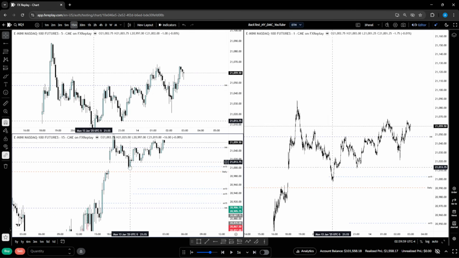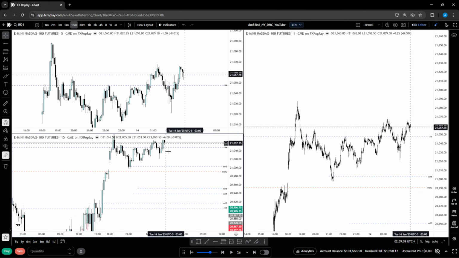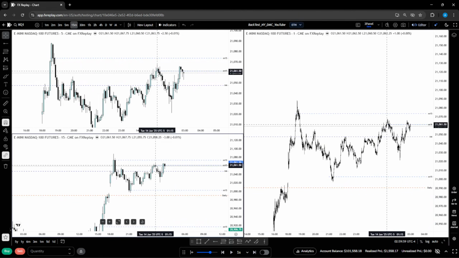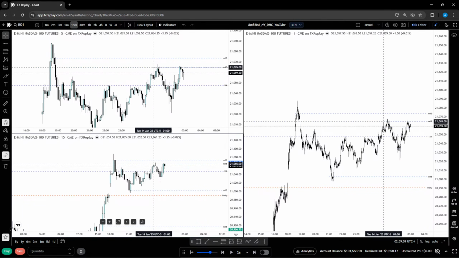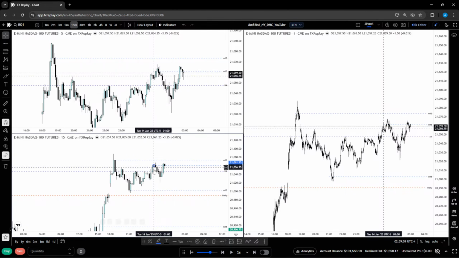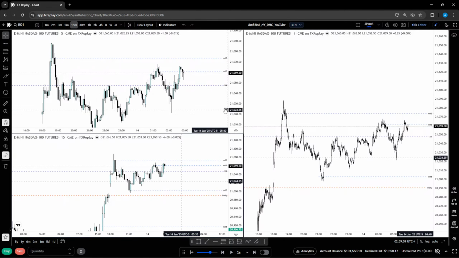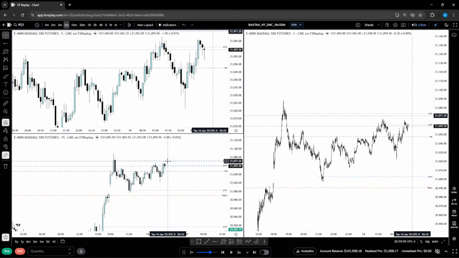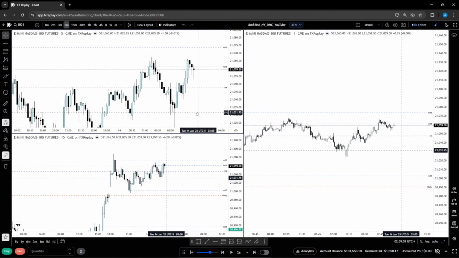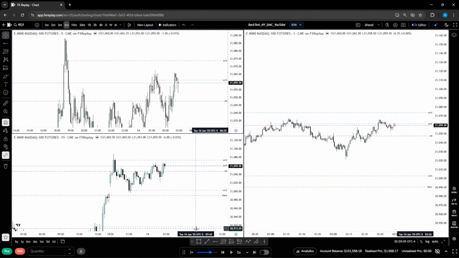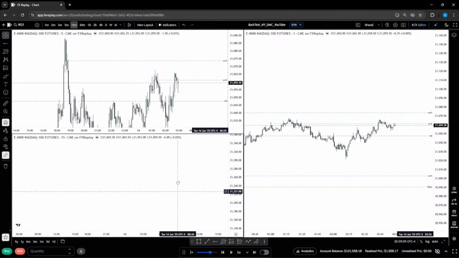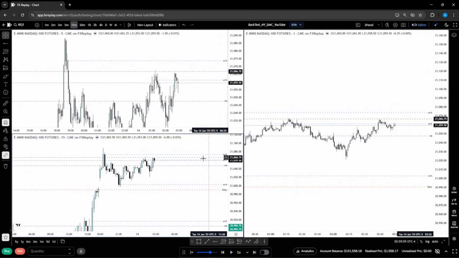This is a daily, which is good. So let's see if we're gonna go back down to these levels, or are we gonna go above and take out the 4-hour.